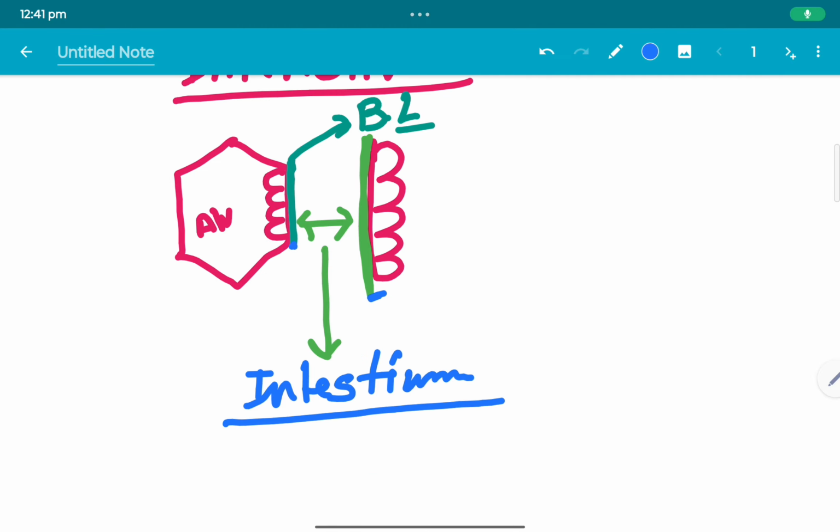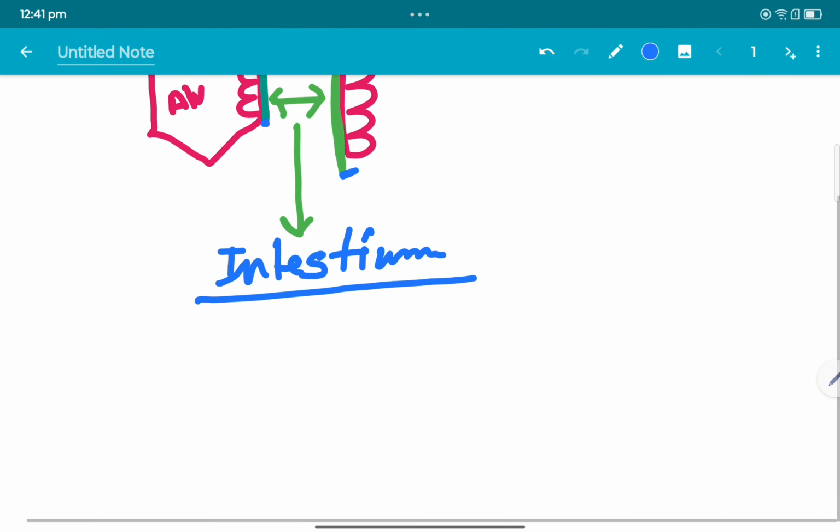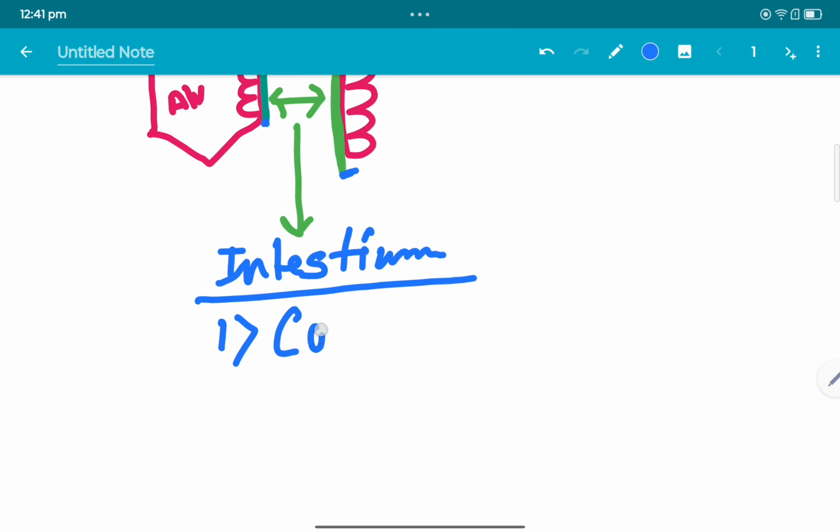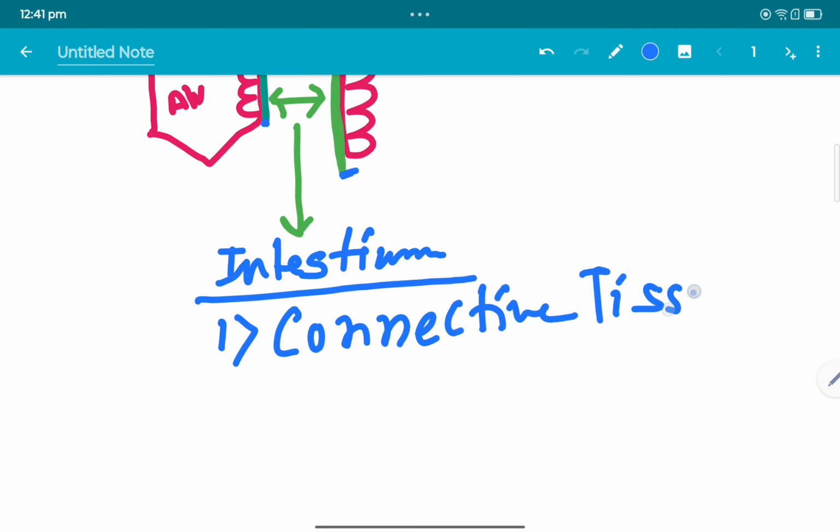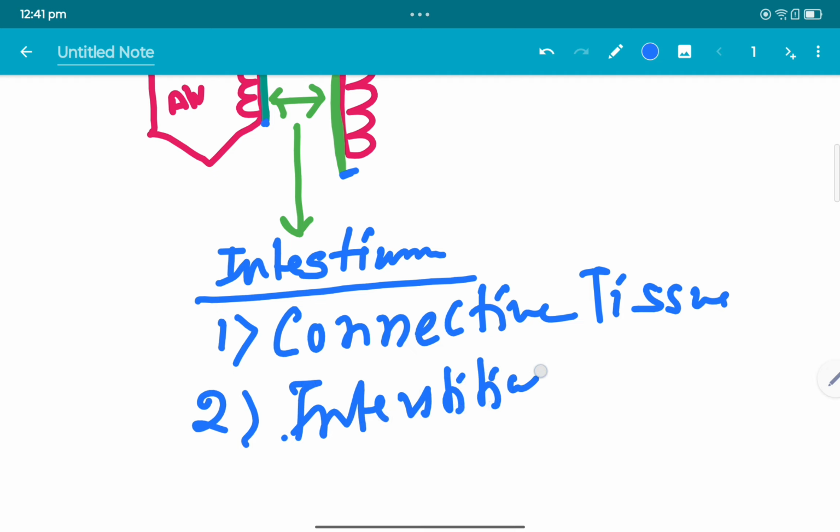What does interstitium constitute? The components of the interstitium are connective tissue and interstitial fluid.